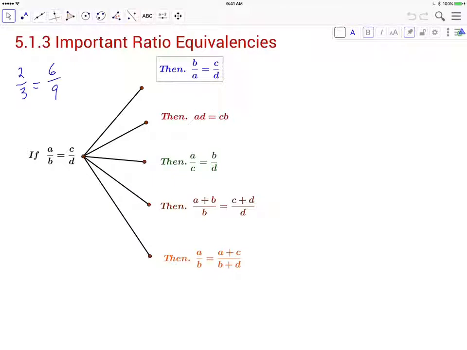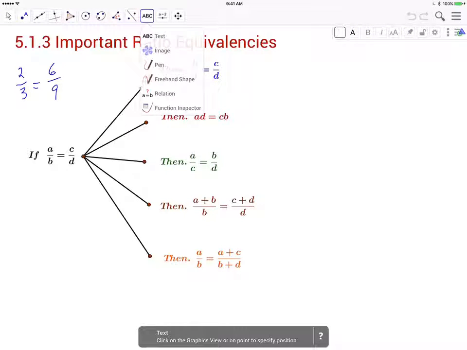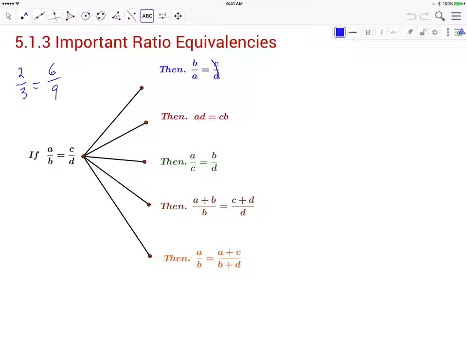B relates to A the same way that D relates to C, right? Shouldn't it make sense that if 2 relates to 3, the same way that 6 relates to 9, certainly 3 relates to 2 the same way that 9 relates to 6, right? And that's an example of what's going on there.